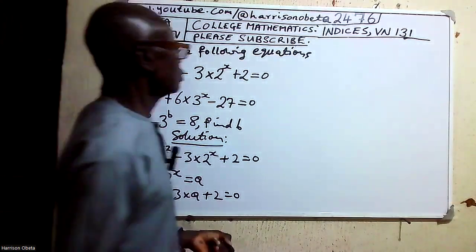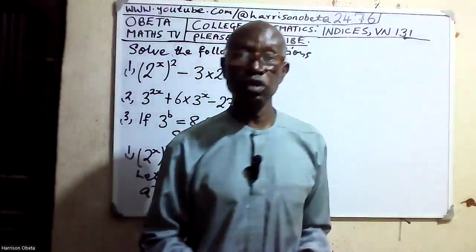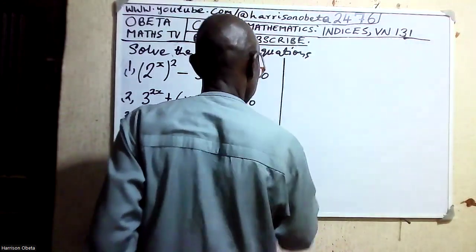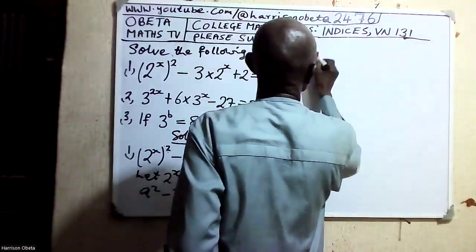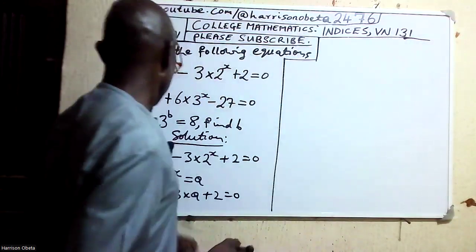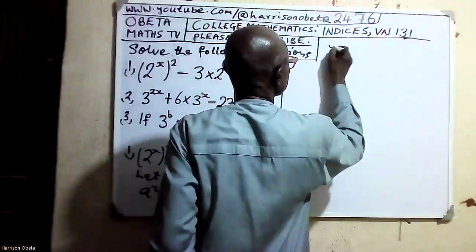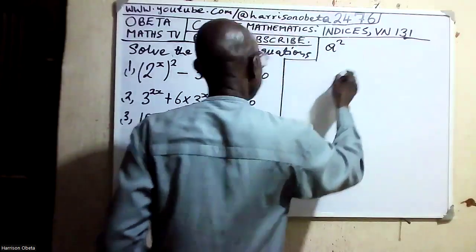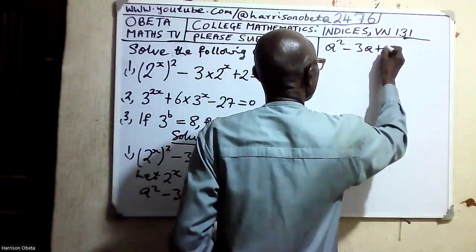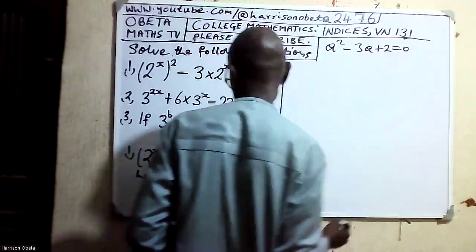You have seen that in continuation, we have turned this into a quadratic equation. So we have a squared minus 3a plus 2 equal to 0.